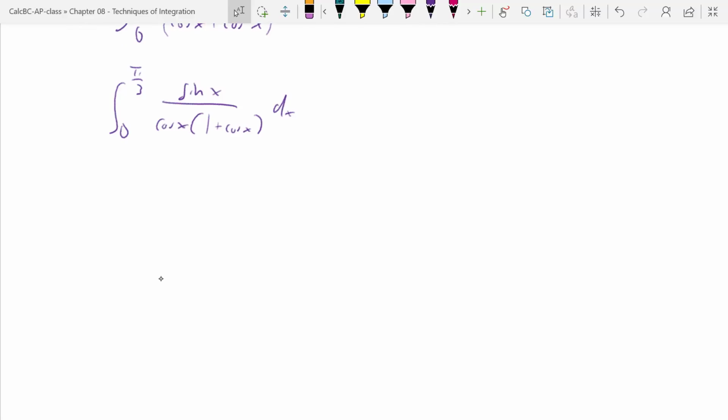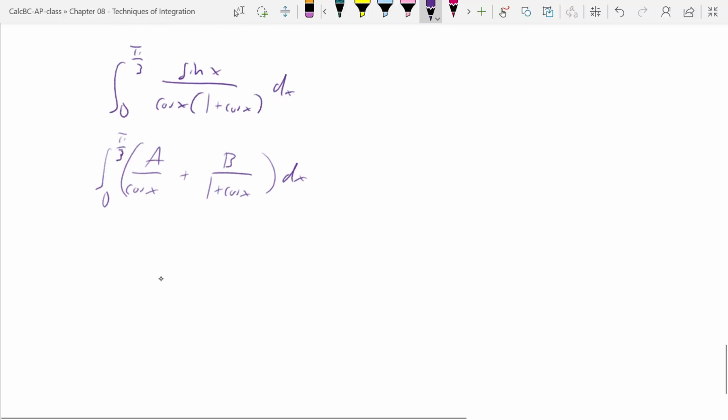If I want to split this fraction up, I'm going to have to split it up into a over cosine x plus b over 1 plus cosine x. Integral 0 to pi over 3. And this is just showing my work a little bit differently.